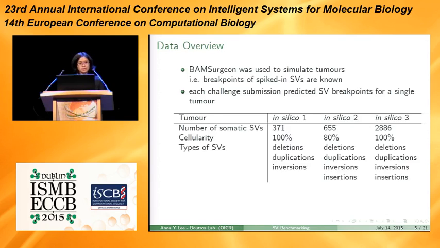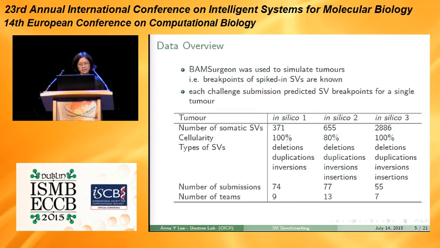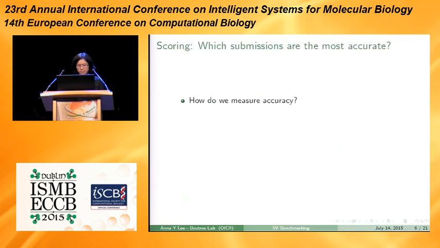The types of structural variants is slightly different for the second and third tumor, with insertions included. And finally, there are roughly 70 to 50 submissions per tumor. And since different teams were allowed to make multiple submissions, we can summarize that by saying there are roughly 10 teams submitting for each of these tumors.